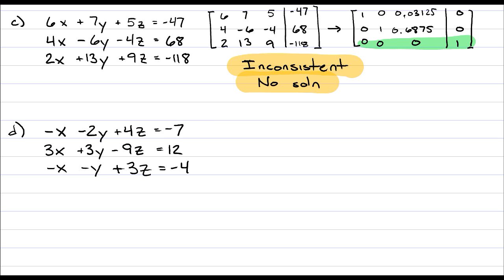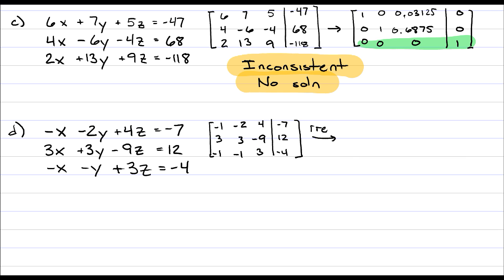Okay, so moving on to the last piece, part D. I put this into an augmented matrix: minus 1, 3, minus 1, minus 2, 3, minus 1, and 4, minus 9, 3, and then the last column is minus 7, 12, minus 4.